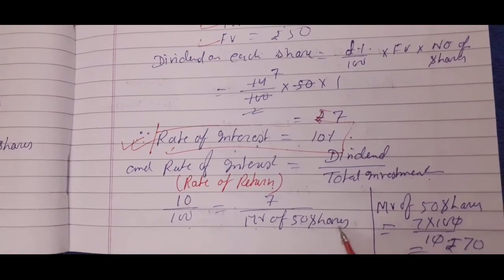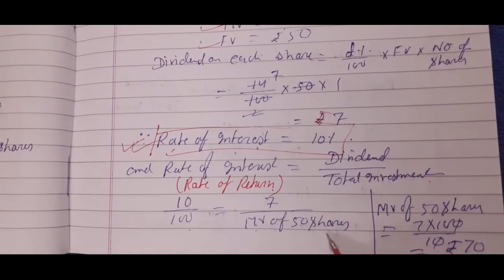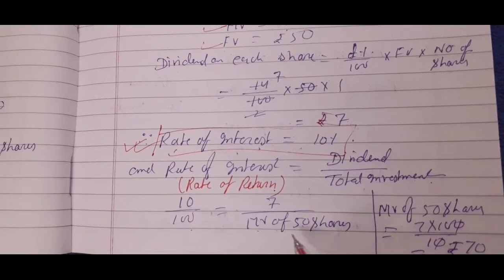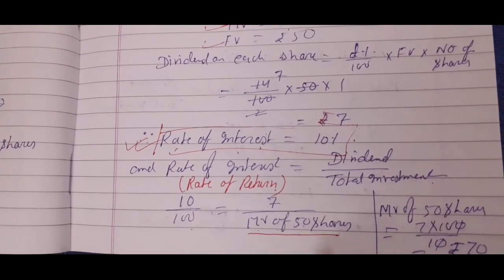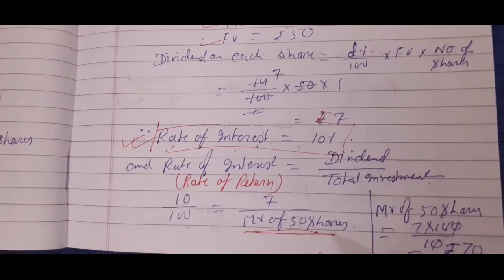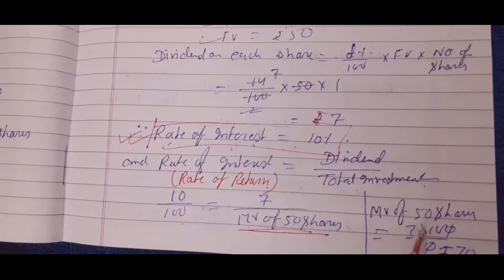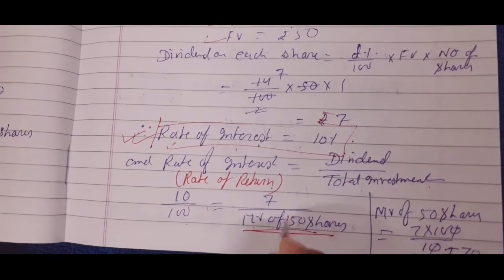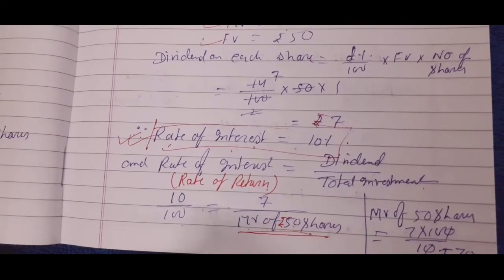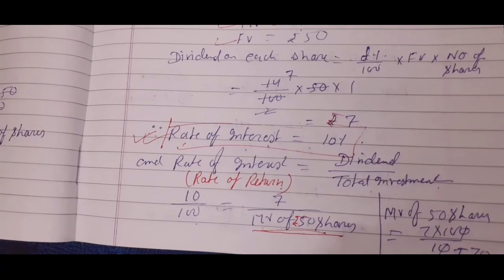What is the formula of total investment? It is market value of 50 shares, right? So we have to find the market value of the rupees 50 share, not 50 shares, because we are talking about one share. So don't be confused.